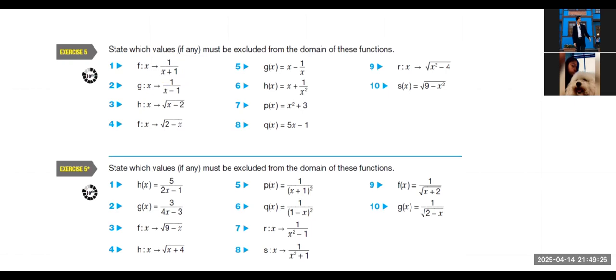Simply set the denominator to be 0, find the answer, and say, okay, don't let x be this. Because I don't want the denominator to be 0. For example, what should x not be in this case? 0. Yeah, exactly.